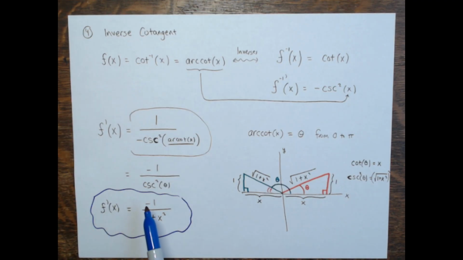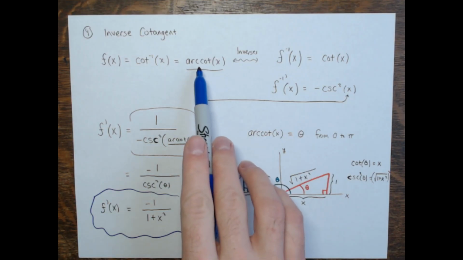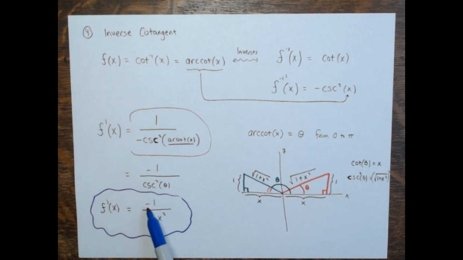And again, notice how this is just the opposite of the derivative of the inverse tangent, right? Inverse tangent was 1 over 1 plus x squared for its derivative. Inverse cotangent, -1 over 1 plus x squared, just the opposite expression.